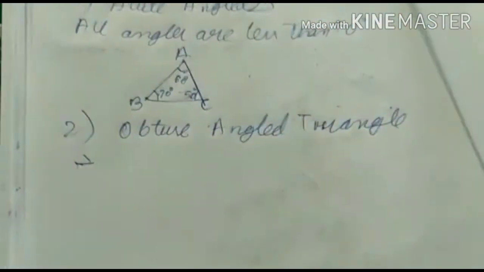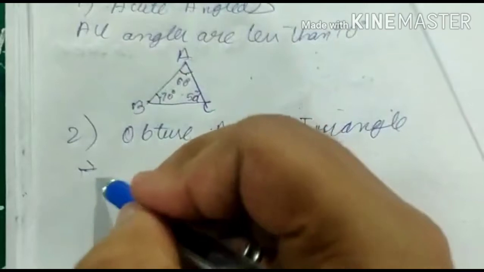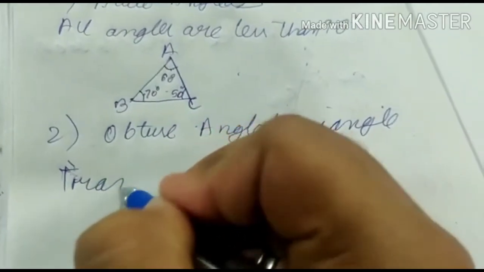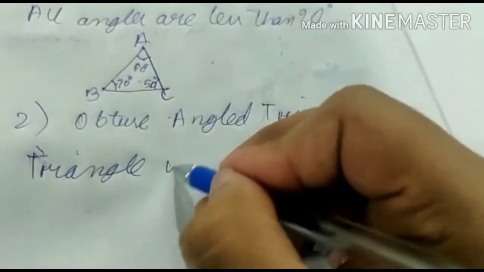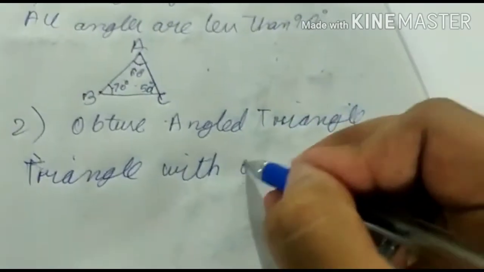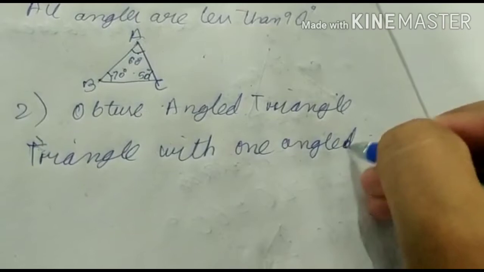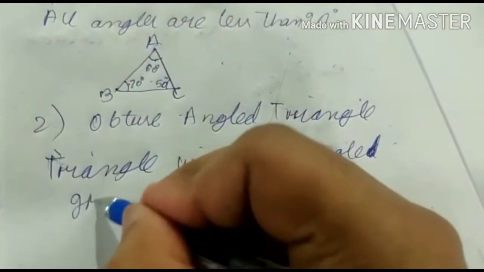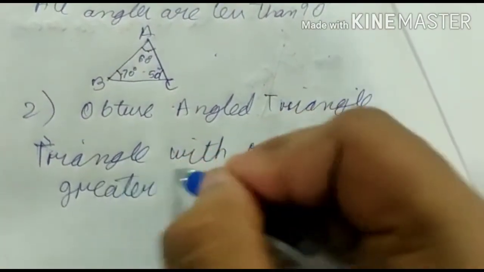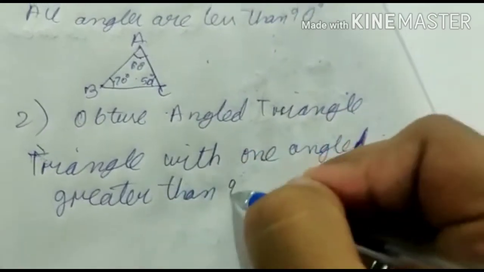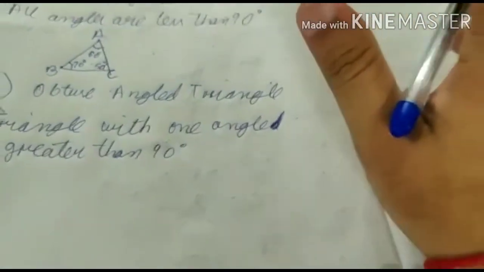At least, not at least, it has only one angle greater than 90 degrees. Only one angle will be greater than 90 degrees.